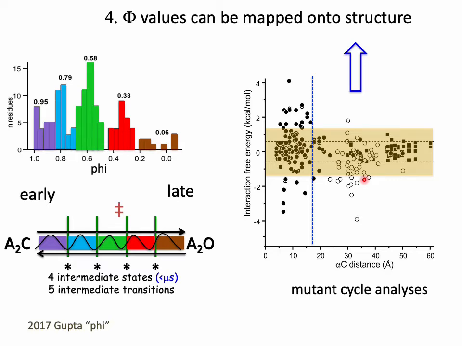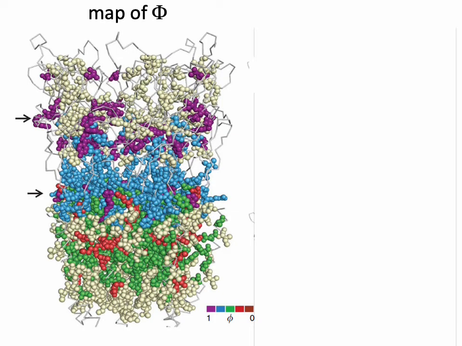That is, because the energy deposition exchanged with the environment is local, we can pinpoint position in the structure of the protein of the energy change and make a map of energy changes, and specifically phi values is what we're going to be interested in. The lack of energy coupling allows us to make a map of phi, and that is shown here.